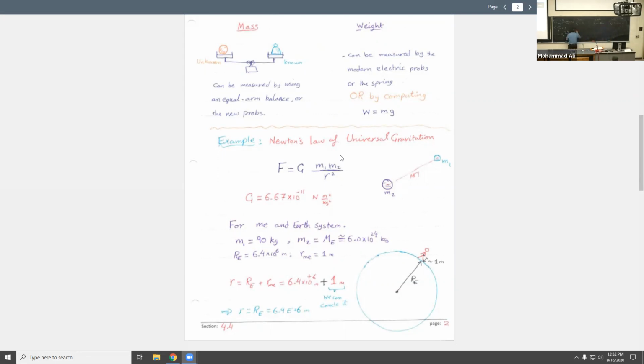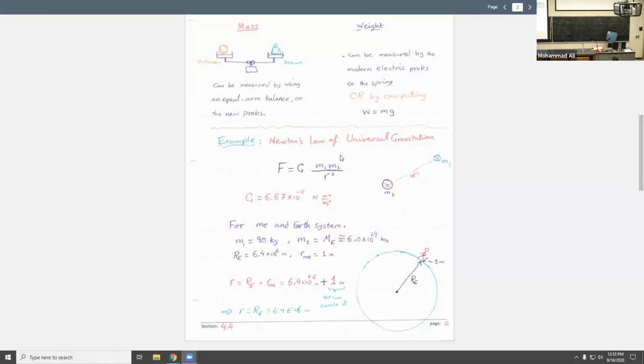The radius of the sun is equal to 7 multiplied by 10 to 8 meters. Radius of Earth is equal to 6.6 multiplied by 10 to 6 meters.